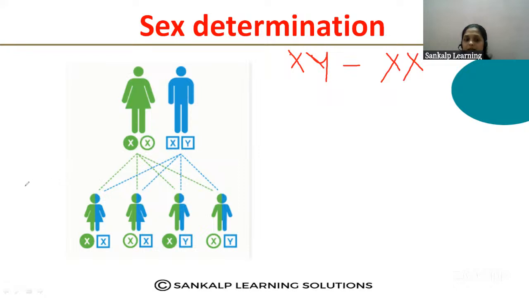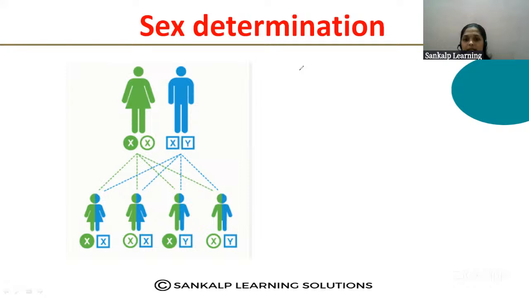Always females have XX chromosomes and males have XY chromosomes. Let us see how sex determination is done. XX chromosome forms the female and XY chromosome forms the male.